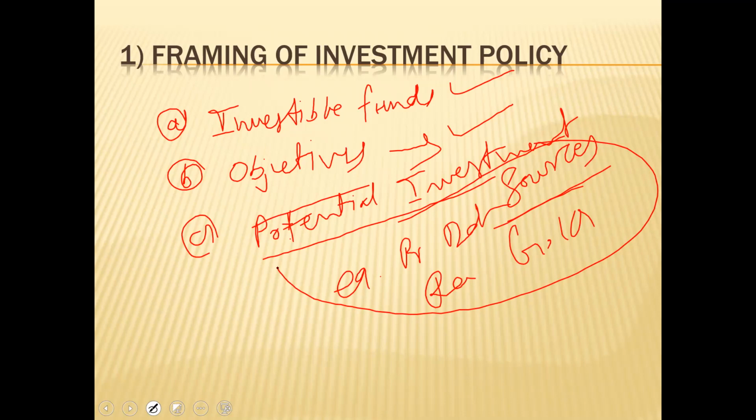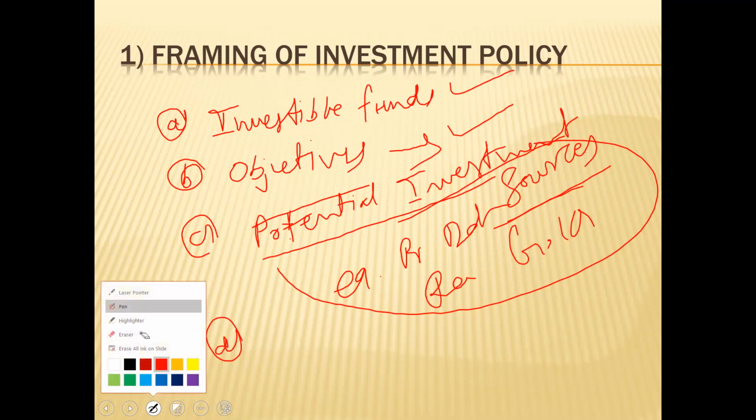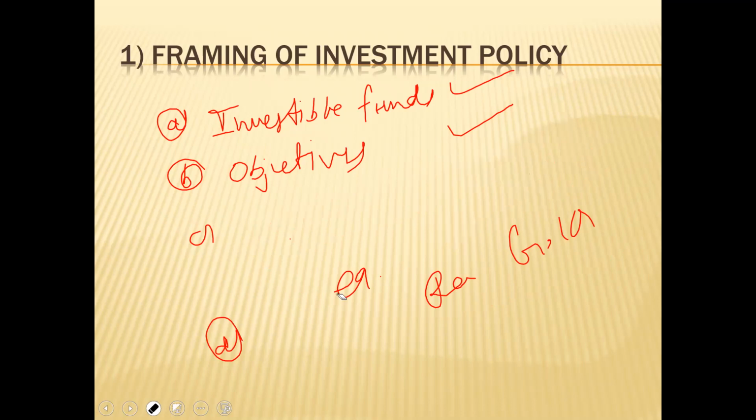These are the potential investment sources. Hope you're clear. First one, investable funds. Second one, objective. Third one, identification of potential investment assets. Next, fourth one, consideration of attributes of various investment assets.